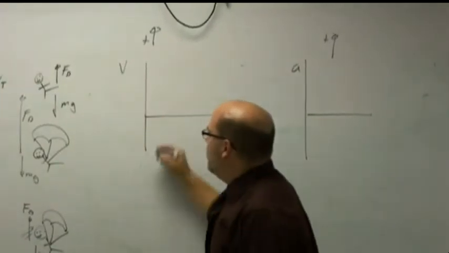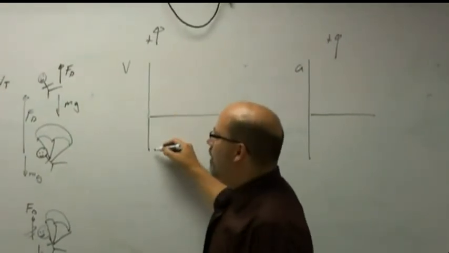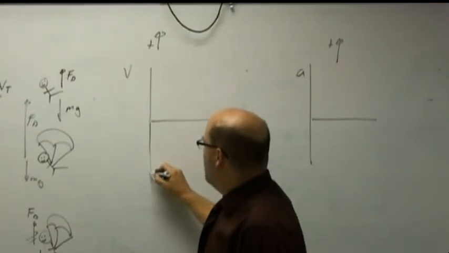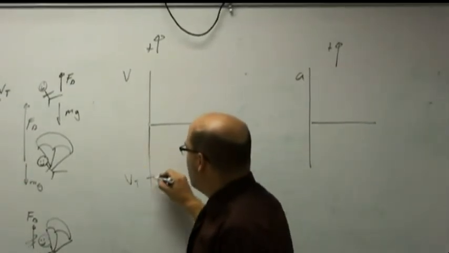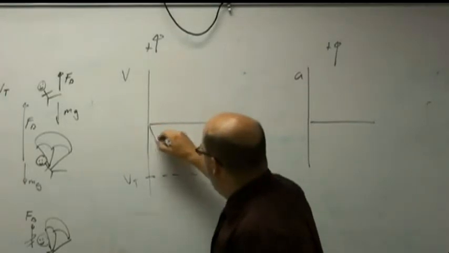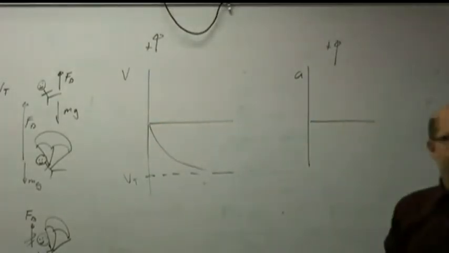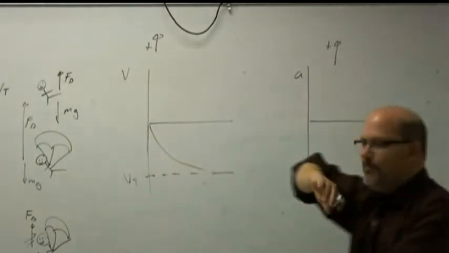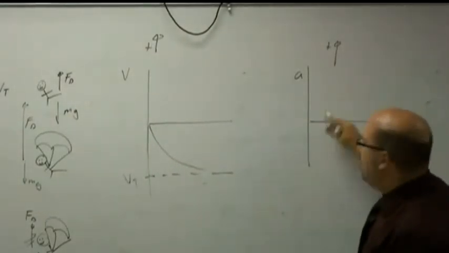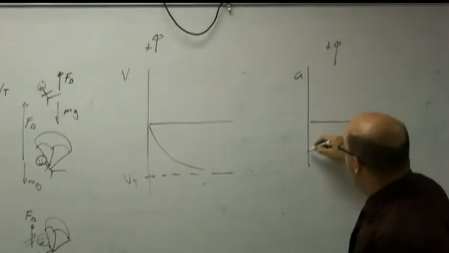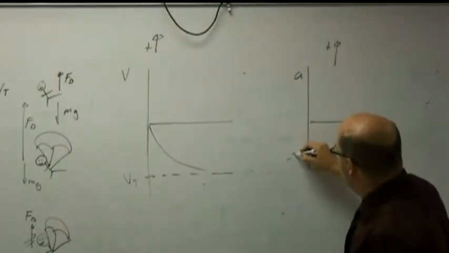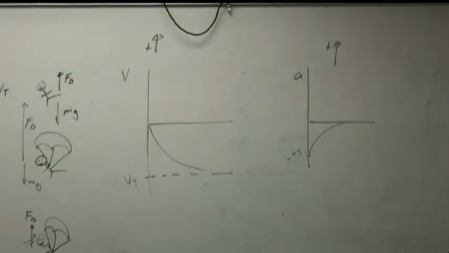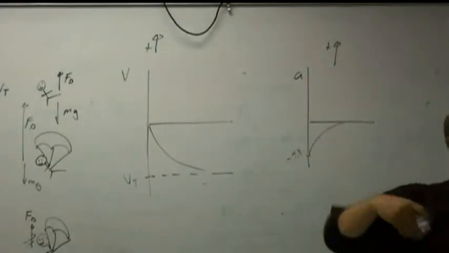We start at a velocity of 0, and we're going to fall, and we're going to reach terminal velocity like that. It's just the opposite of that one. I've swapped them around. My acceleration is downward at 9.8, and then it goes to 0. So it's the same graph as before, I just swapped my sign.